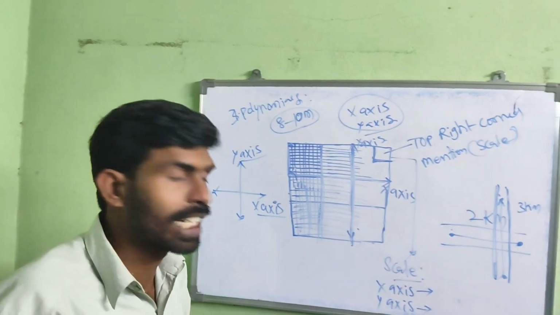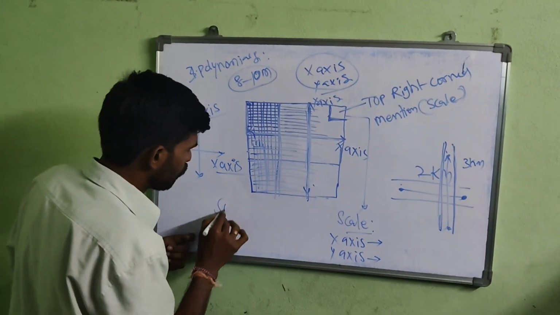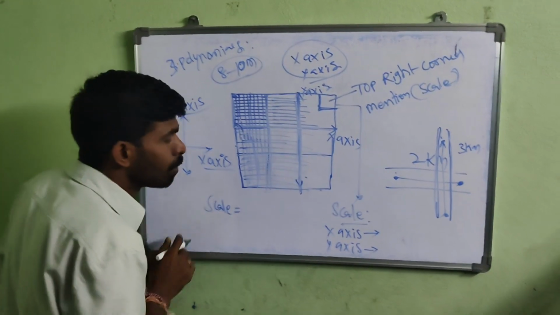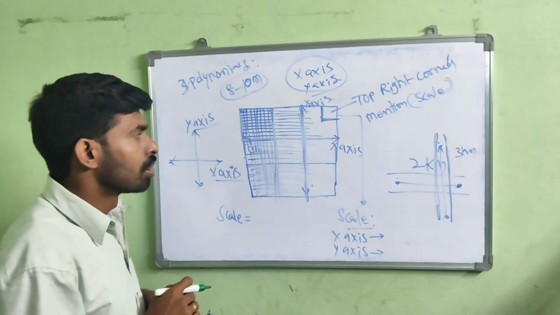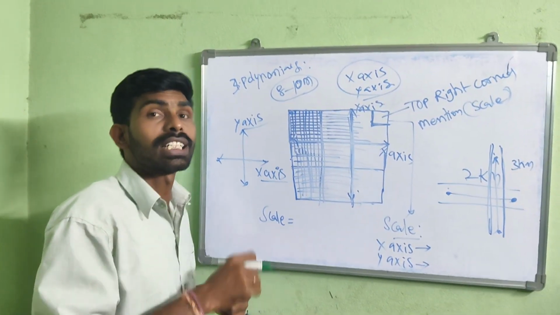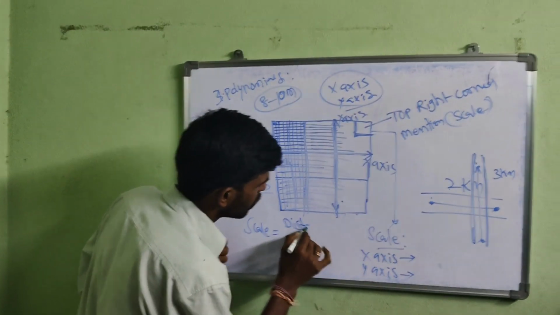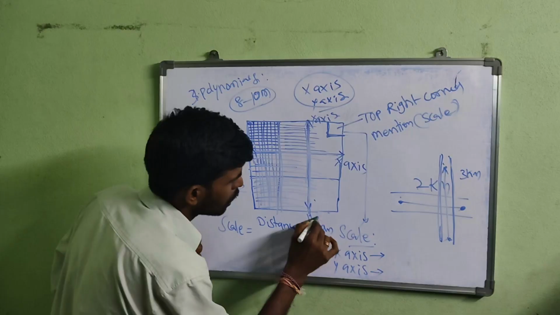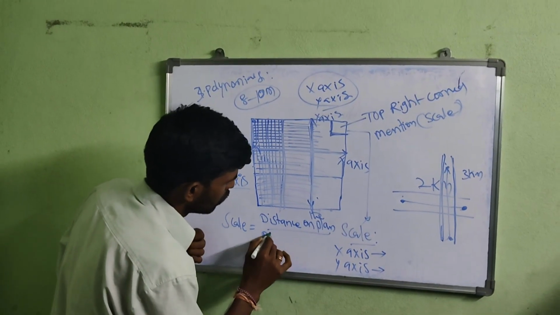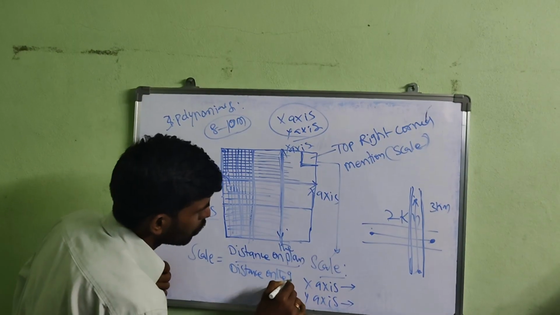That's why we are taking a scale. What is scale? Listen carefully. Scale means the distance on the plan to the distance on the ground.